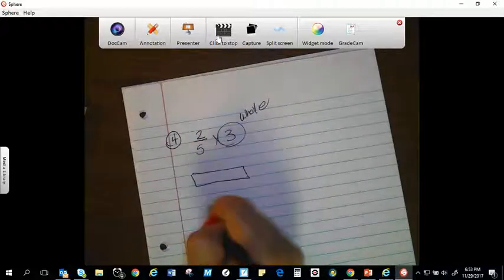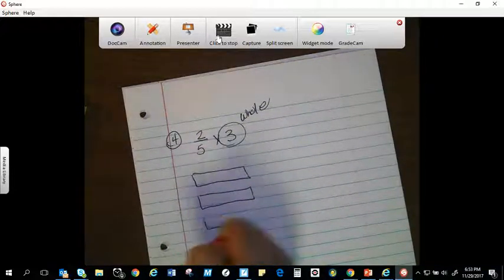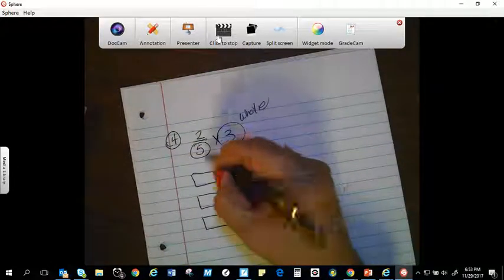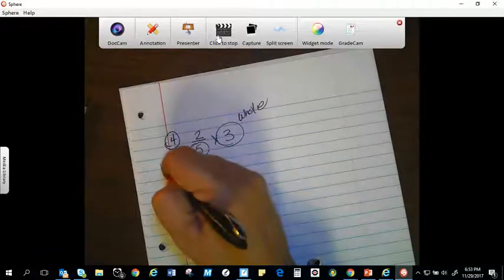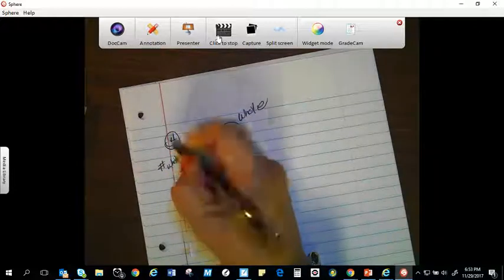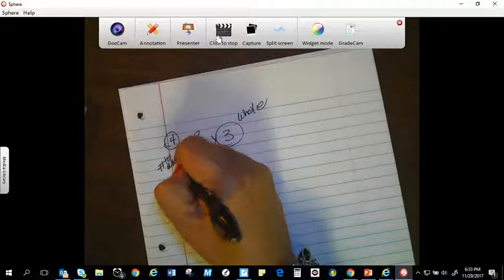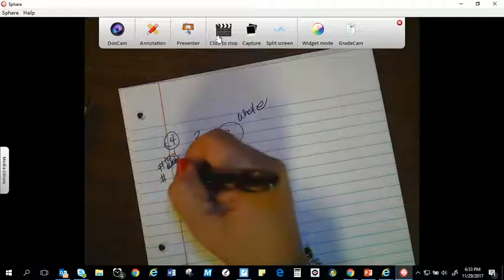And so my 3 is my number of wholes. It's 1, 2, and 3. My denominator tells me how many pieces I'm having in each whole. So it's hashtag whole. Total, not whole, but total number, total parts.